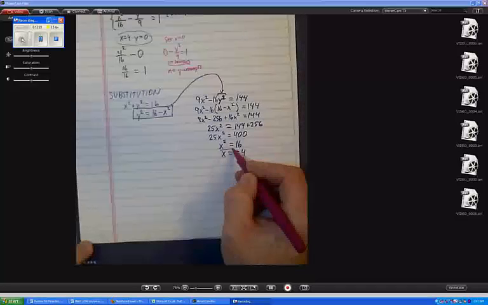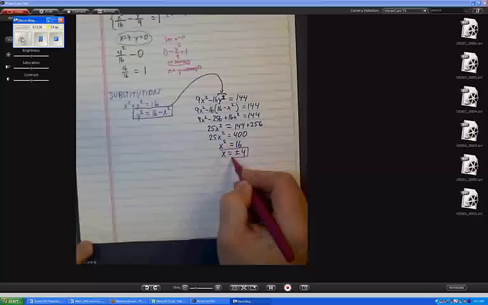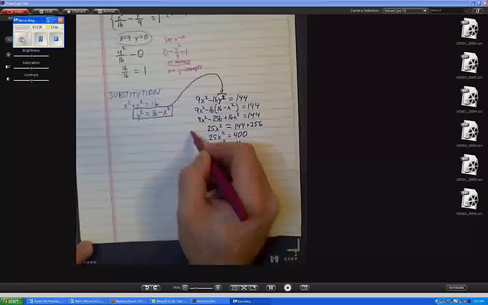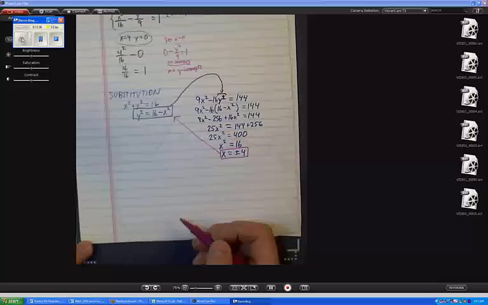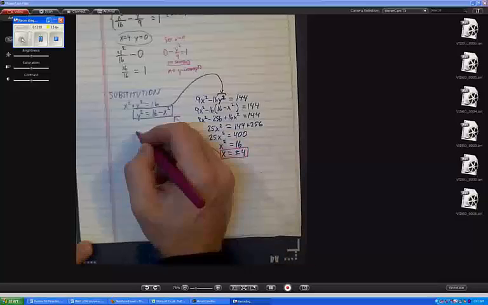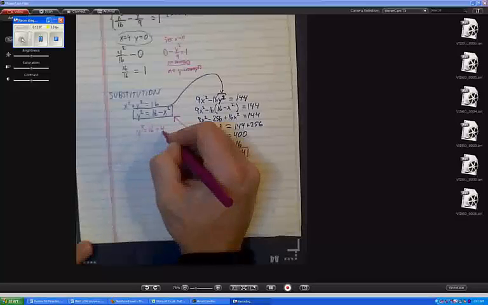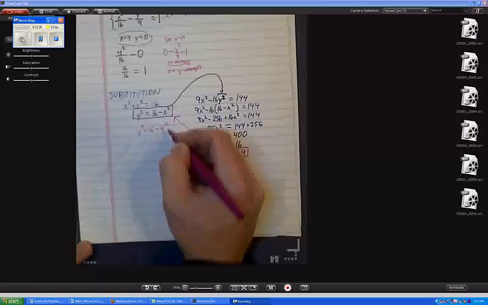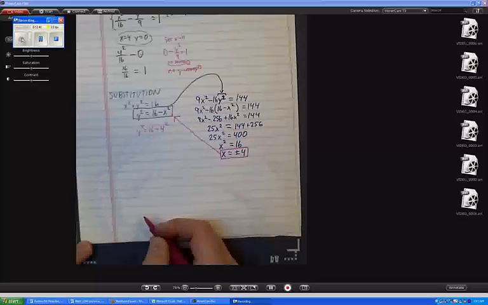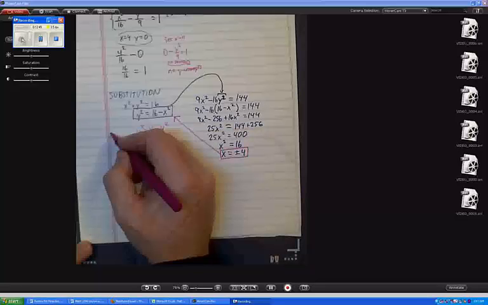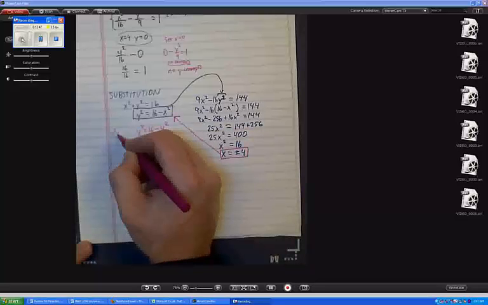Now, once I have those solutions, x equals plus or minus 4, what am I going to do with them? Go back whence you came. All right? And so I have y squared equals 16 minus 4 squared. By the way, you might also have y squared equals 16 minus negative 4 squared.